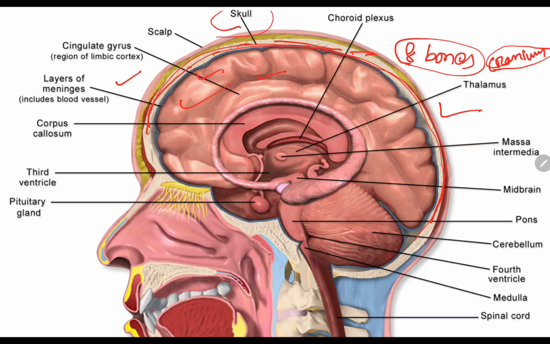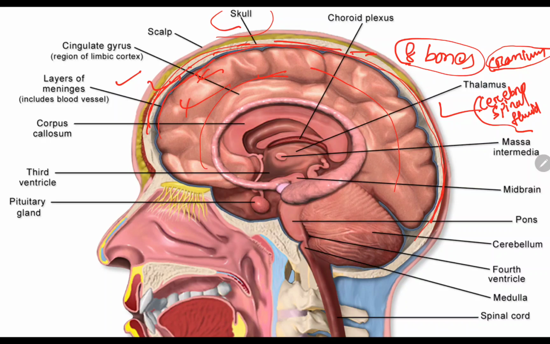This brain is surrounded by a fluid called cerebrospinal fluid. So there is the cranium bone, just below the cranium there is cerebrospinal fluid, and then your brain is located. The primary function of the cerebrospinal fluid is to act as a buffer for the brain.